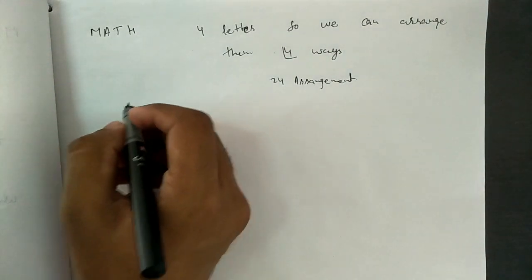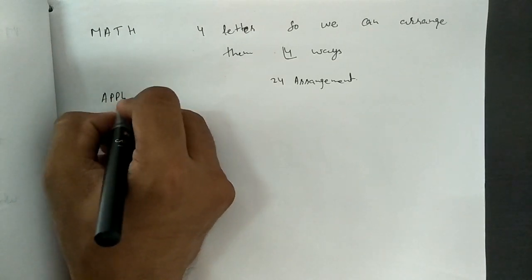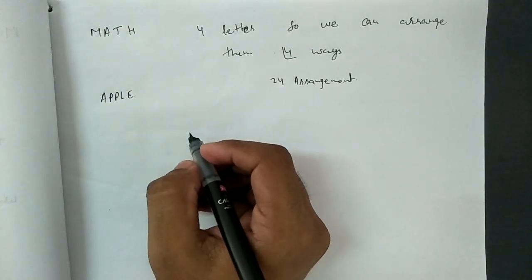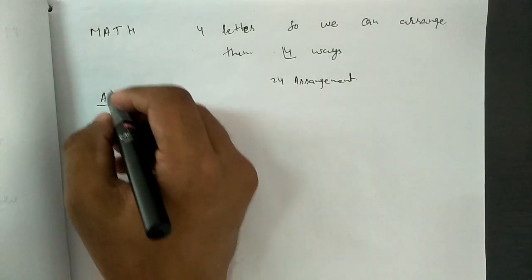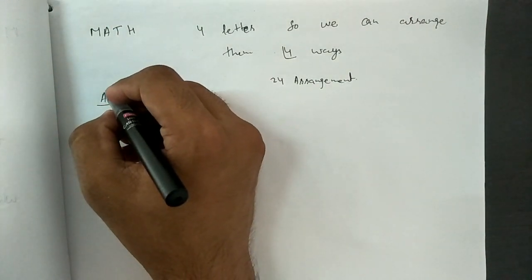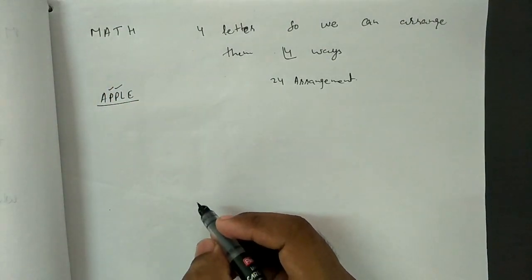Now going to the next question, if we have the word APPLE, how can we arrange all the letters? We can see that there are 2 similar letters present in this word.